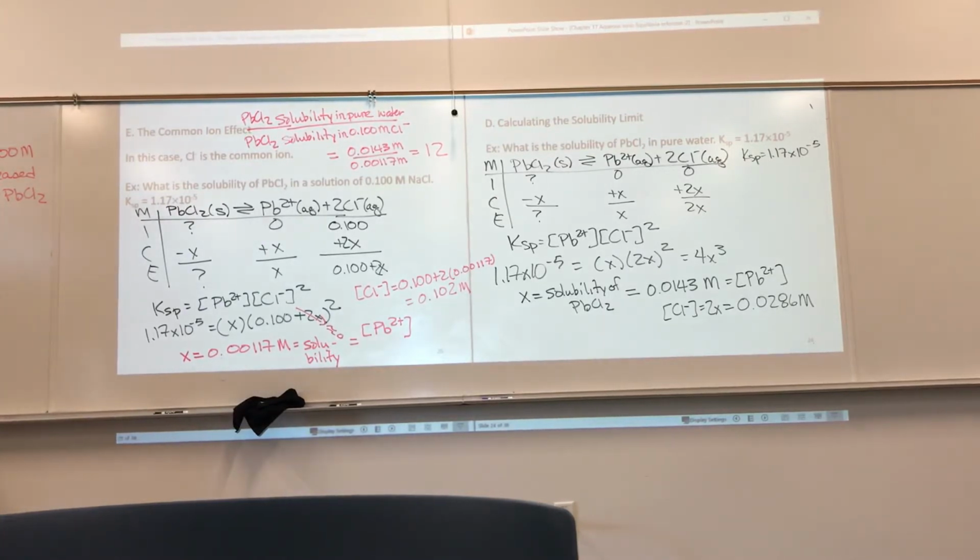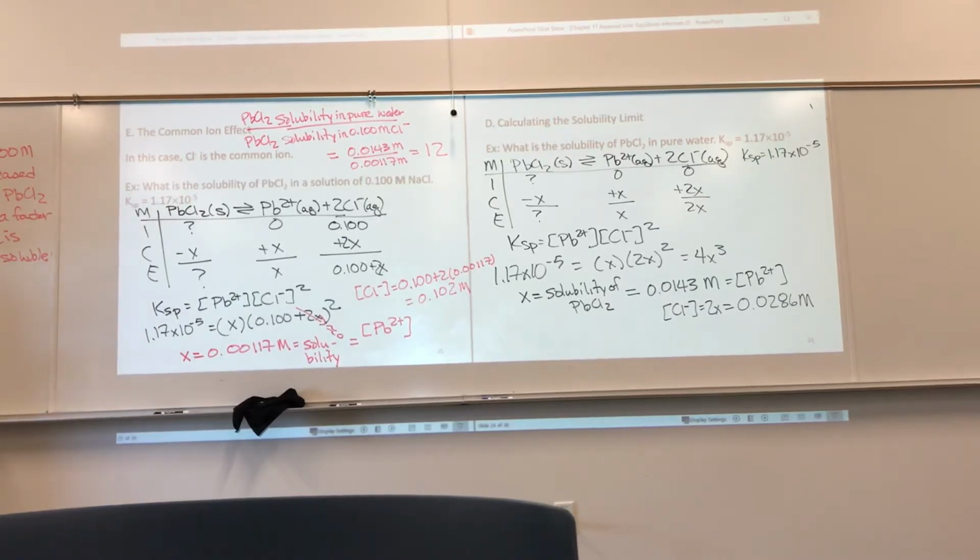I still don't like the wording of that. The solubility of lead chloride by a factor of 12. It is 12 times less soluble. So PbCl2 is 12 times less soluble.